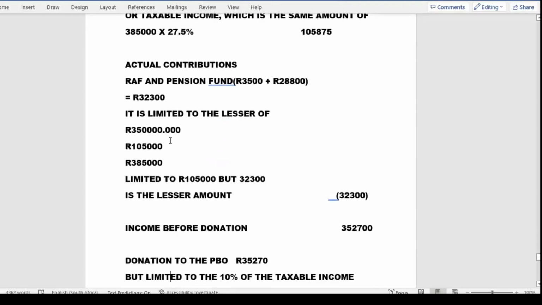So we found 105 to be the lesser. However, our contribution is way less than 105, amounting to 32,300 rand. So we took it into account as the lesser. So because we found a lesser amount, you just say 385,000 minus 32,300 rand. Then we got to an amount of 352,700 rand as our income before donation.